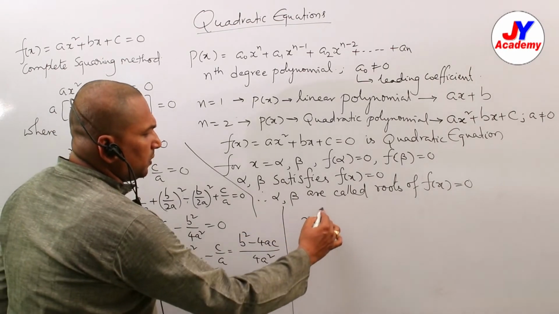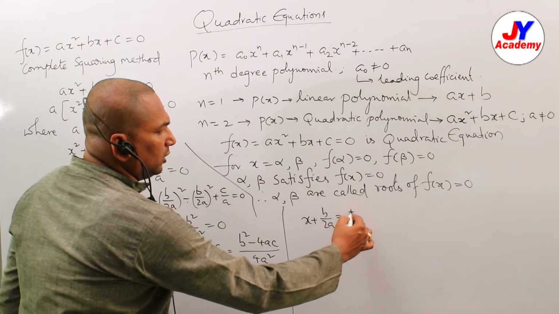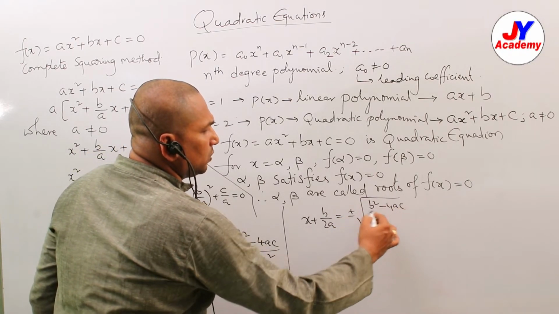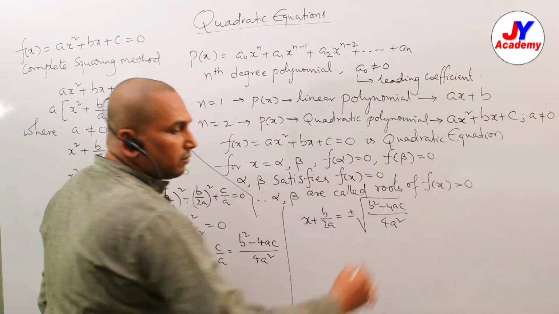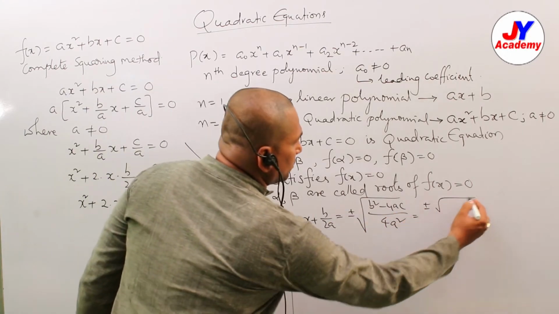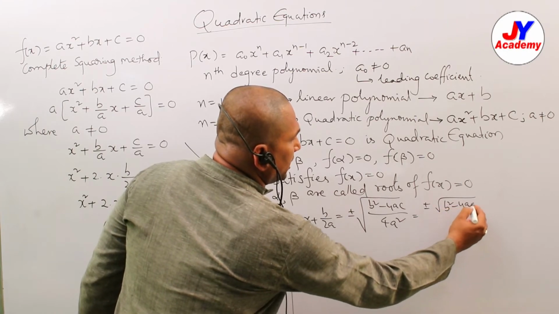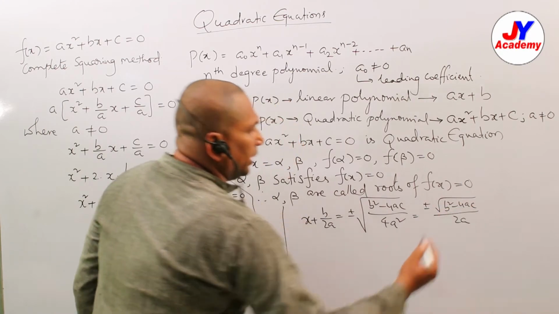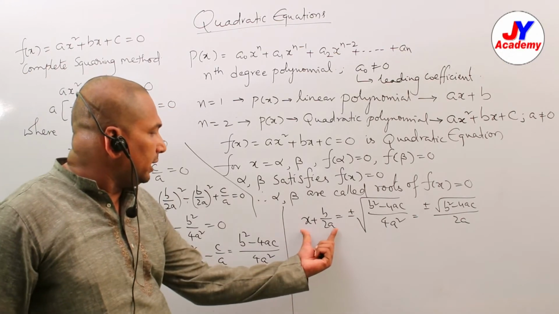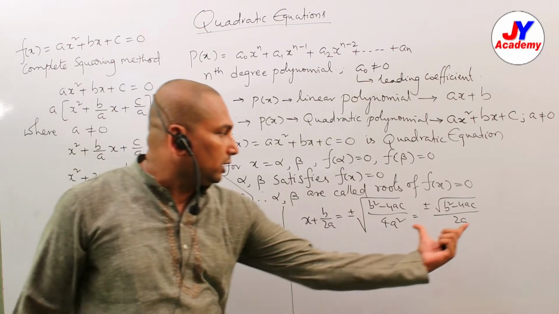So x plus b by 2a is equal to plus or minus root over b square minus 4ac by 2a.